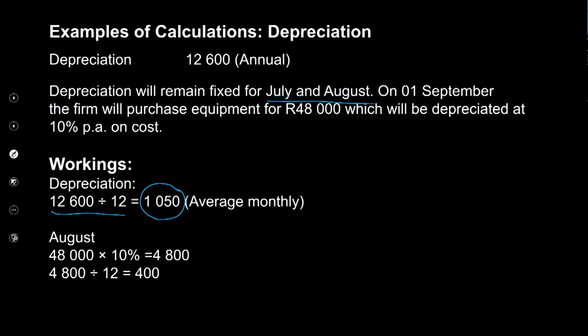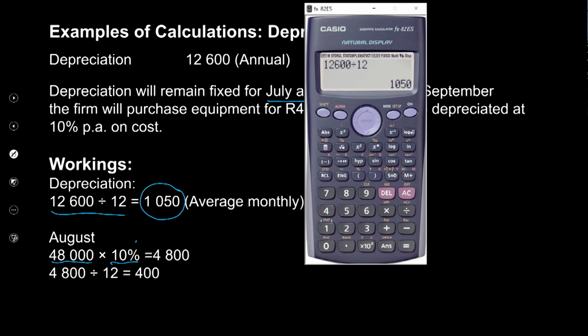Okay, now what happens? Additional equipment is bought, right? Once again, I say 48,000 Rand, the value of the new equipment, times the 10%, which is your rate of depreciation, will give you, let's do that calculation there.